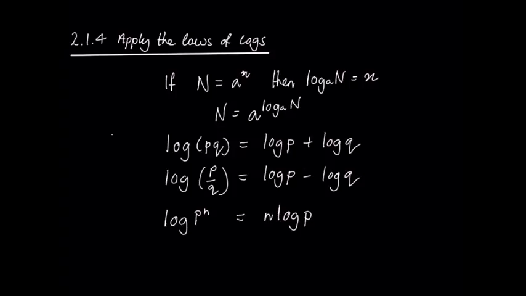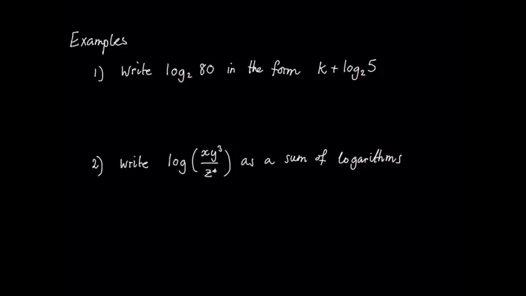Let's have a look at how we put these laws into practice then. In the first example, we're going to write log to the base 2 of 80 in the form of k plus log to the base 2 of 5.